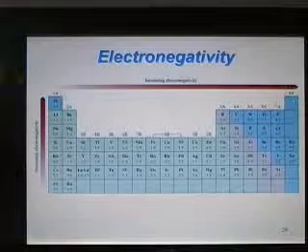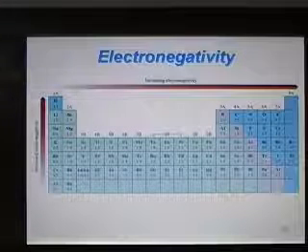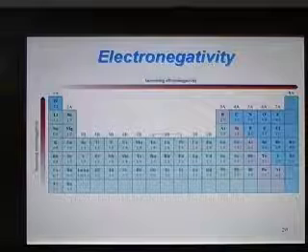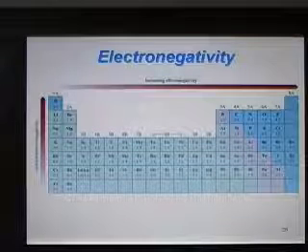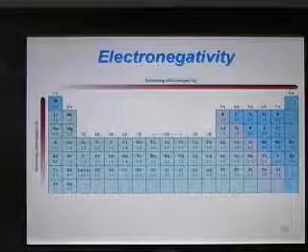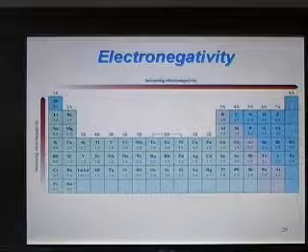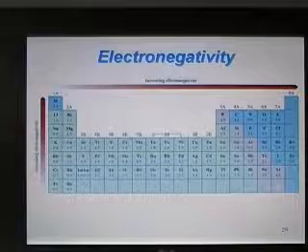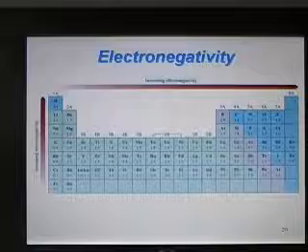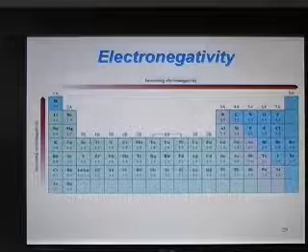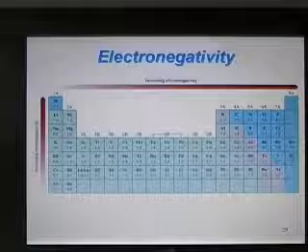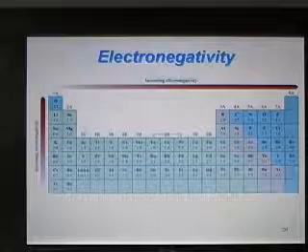As you go up the periodic table, you have an increase in electronegativity. And as you go from left to right across the periodic table, there's an increase in electronegativity. Based upon the same rationale for explaining ionization energy, you should be able to explain the trends in electronegativity.